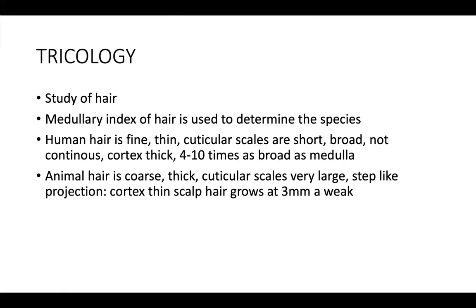So animal hair is coarse, thick, cuticular scales very large, step-like projection is there. Cortex thin, hair grows at 3 mm a week. So here trichology is the study of hair, and the medullary index of hair is used to determine species, animal or human.